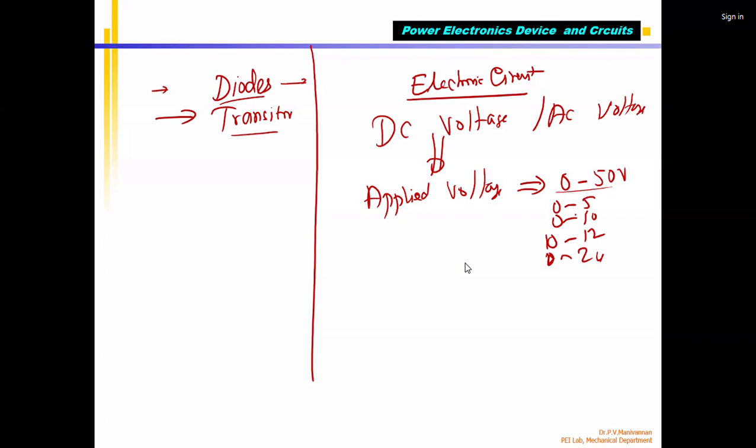If the voltage is supplied to any transistor, diode, or electronic component, they are called small signal circuits, generally up to 50 volts. There is no hard and fast rule; most of the time they say 30 volts, 40 volts, very rarely 50 volts.